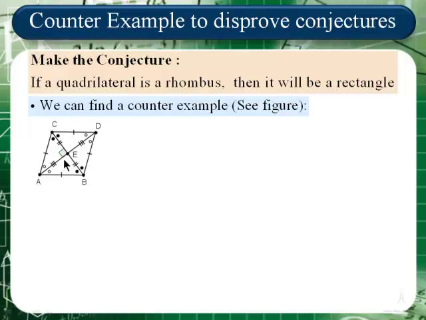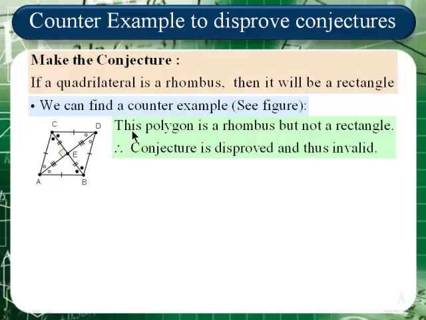And of course this is not necessarily a rectangle, because we're not sure whether any of these interior angles A, B, C or D is 90 degrees. So this polygon is a rhombus but not a rectangle. Therefore the conjecture is disproved and thus invalid, because we can find an example of a rhombus which is not a rectangle.